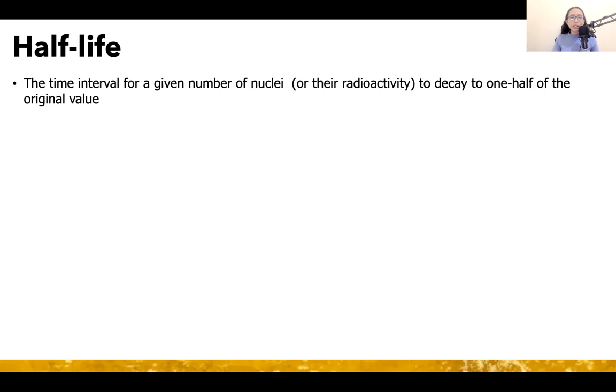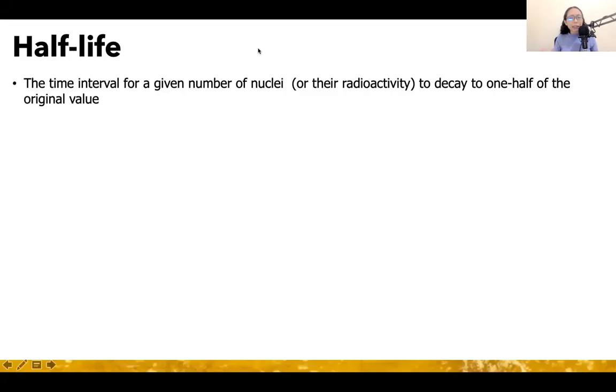So half-life, from the name itself, is half of the life of your radioactive sample. Technically, this is defined as the time interval for a given number of nuclei to decay to one half of the original value. Or we can also define this as the time interval for the radioactivity to decrease by half from its initial value.